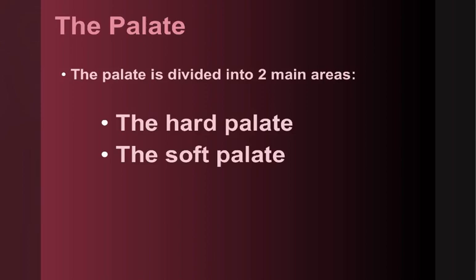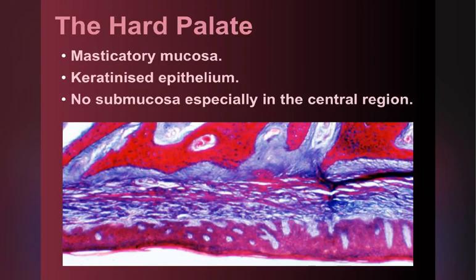It's supported by muscle. The mucosa covering the oral side of the hard palate is classified as masticatory mucosa. It's keratinized epithelium. All masticatory mucosae have keratinized epithelium, whether ortho or parakeratinized.